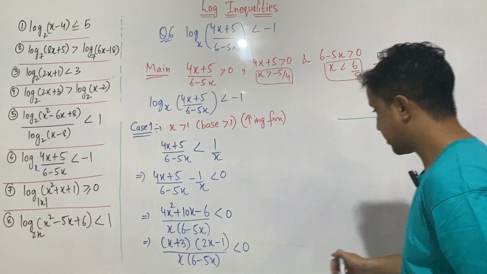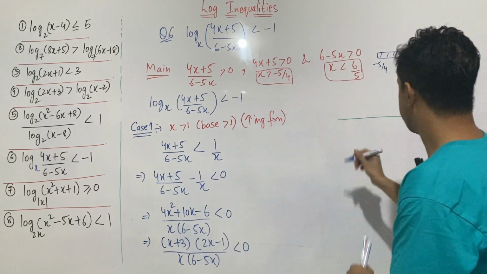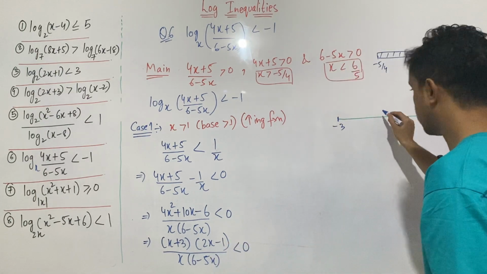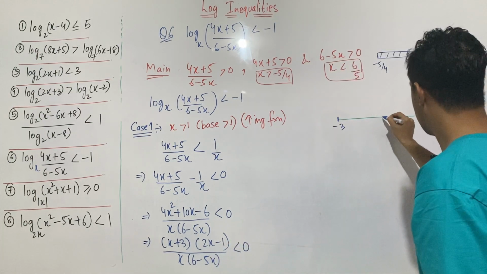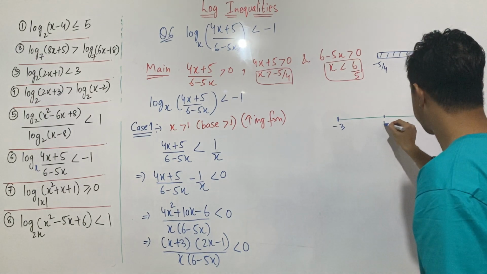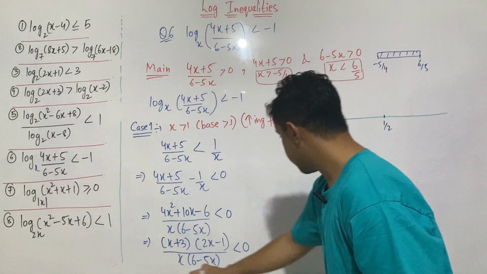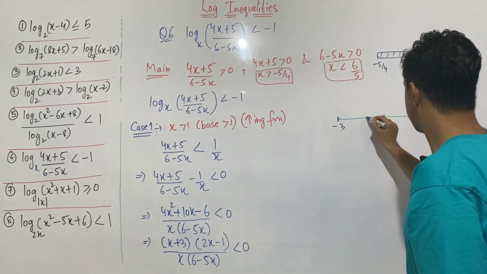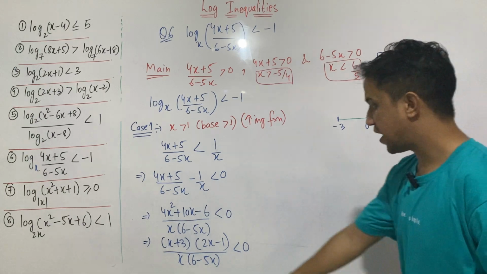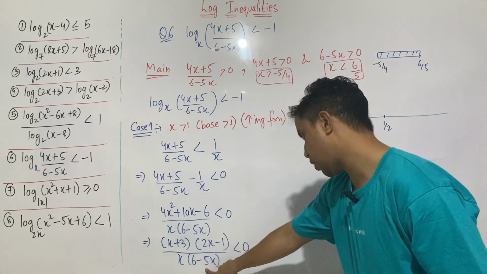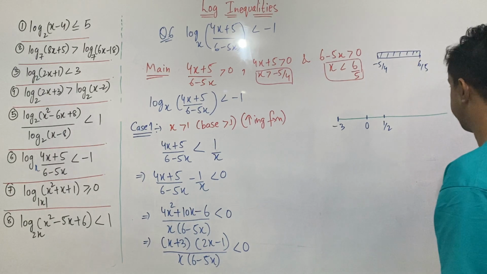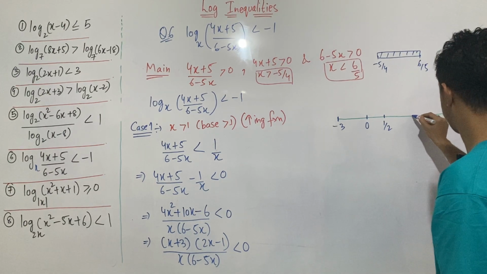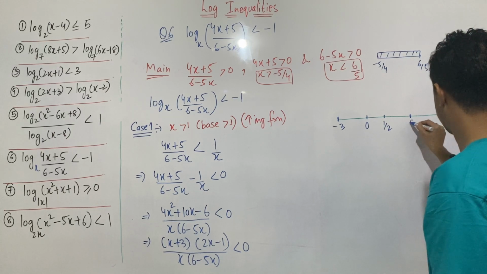The critical points are -3, then 1/2, and here 0, because x minus 0, and 6/5. 6/5 is greater than 1.